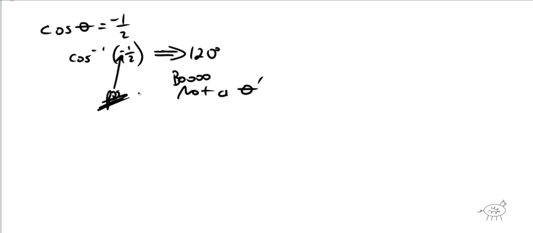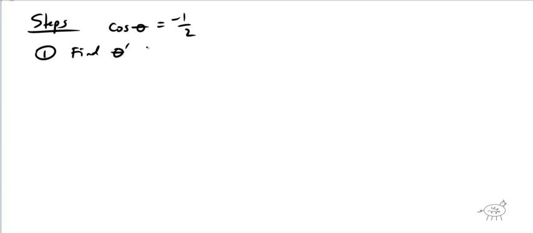Okay? So let me actually just give you some steps to work on every problem. Okay, so here's some steps. If I give you cosine of theta, let's do the whole problem over again, equals negative 1/2. The first step is you're going to find theta prime on the calculator using positive values. So I'm going to put this in absolute value, using the positive value of the ratio.